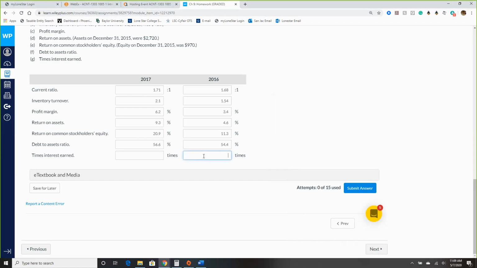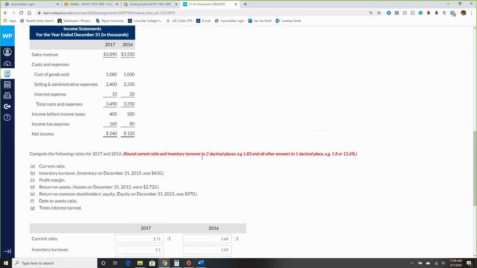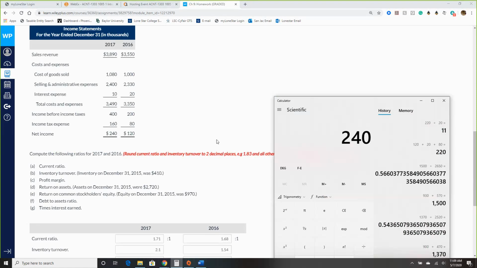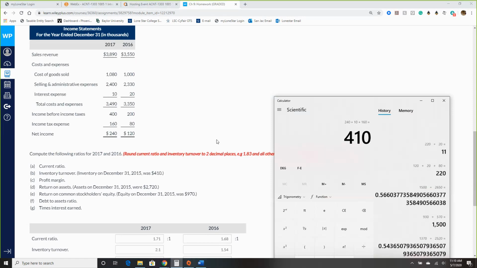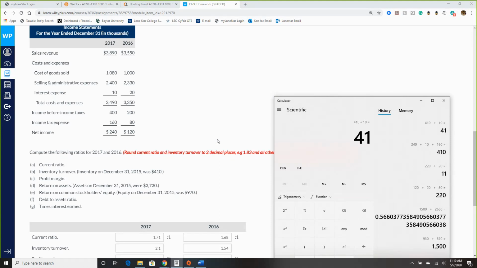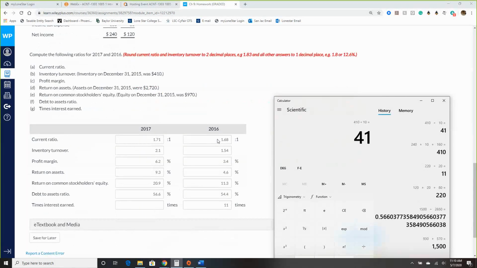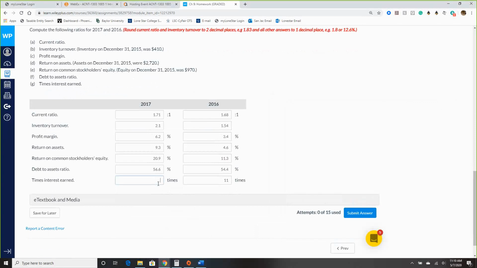So 11 times. 17, same thing, 240 plus your interest plus your income tax, 410 divided by your interest, which is 41 times.